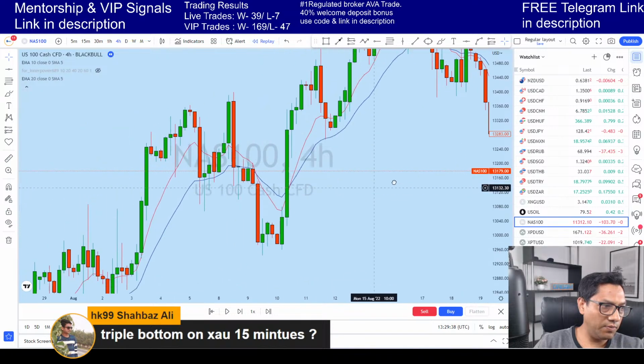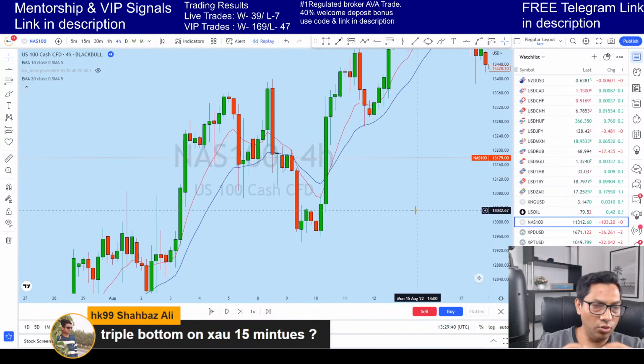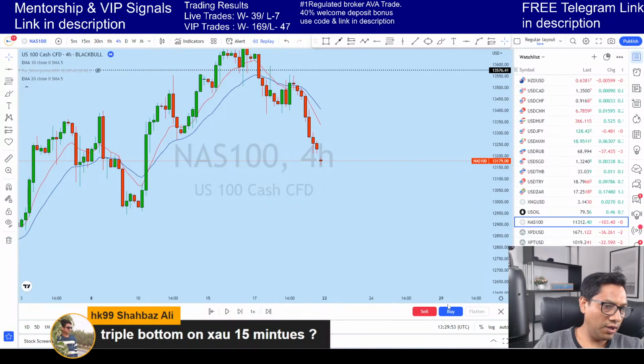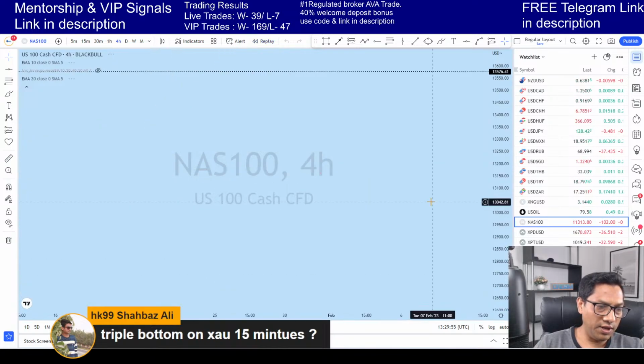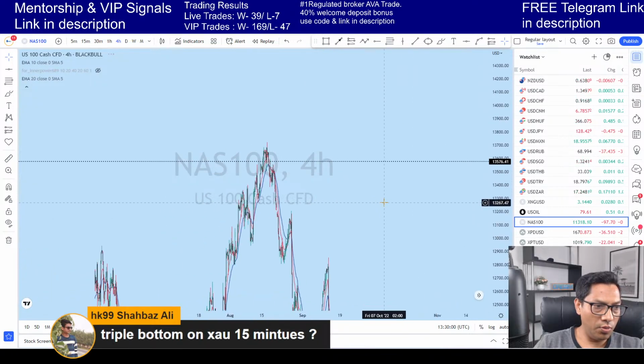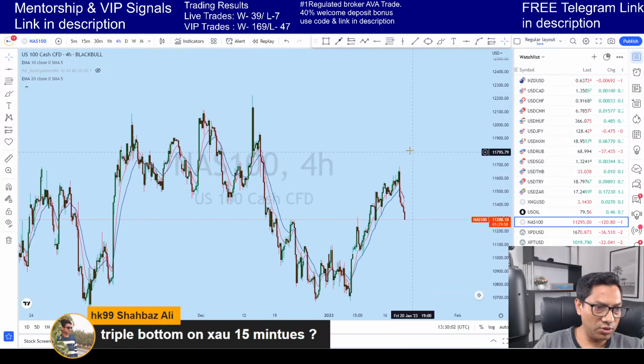So this is what I'm trying to make you understand, that you need to find out the levels, the important area, where to buy, where to sell, and from that zone you can see that a triple bottom or a double bottom or a head and shoulder will be really helpful to you to find the best trading opportunity in the market. Hopefully you understood, guys.